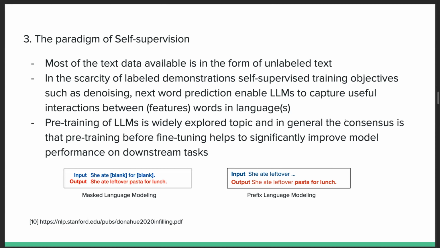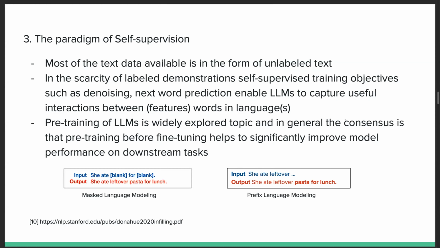Pre-training essentially allows the models to use unsupervised data to learn parameters that can enable transfer learning. Transfer learning is the ability to move from one task to another. So let's say you have a lot of data, but it's not labeled. You can use certain pre-training objectives such as masked language modeling, which is like fill in the blanks, shown in the diagram on the left. And then there is prefix language modeling, where maybe you provide a piece of text and then ask it to complete the text. So these are two popular pre-training strategies.